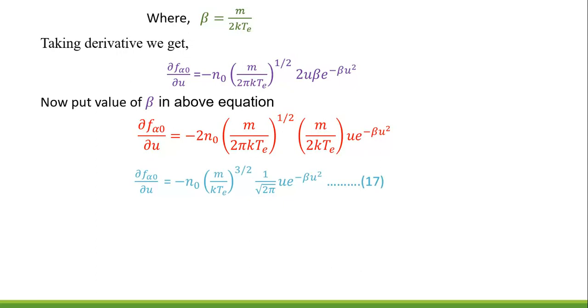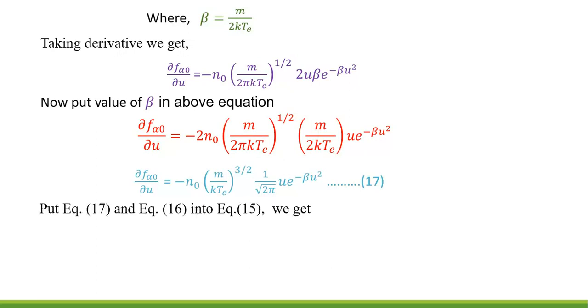Here you can see that partial f alpha naught by partial u can be written as minus n naught m over kt. We just combine these two, m over 2 kt, to have it as 3 by 2, and then 1 over square root 2 pi is as it is here, this u is as it is here, and then exponential minus beta u square.